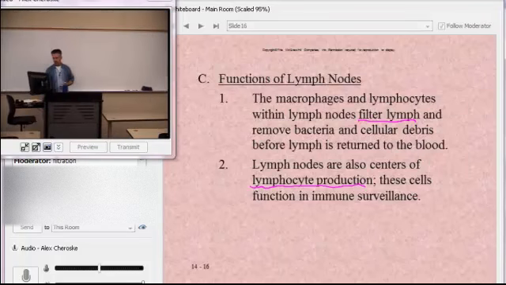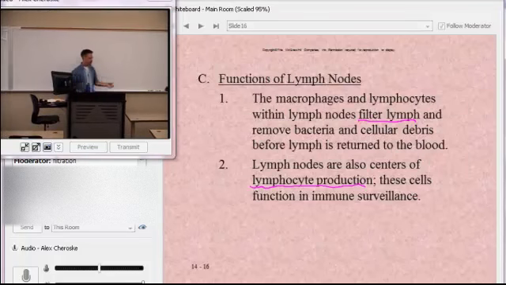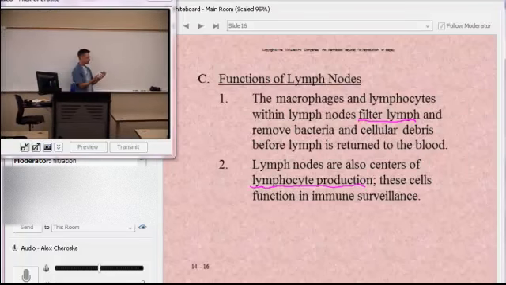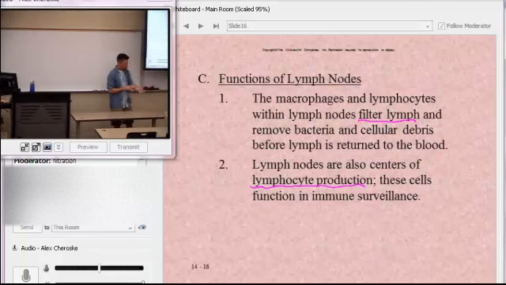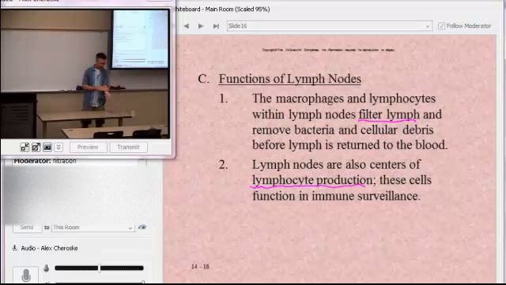All right, so all the time, this excess fluid is being collected from tissues. If you have an infection, like a cut that's infected, that fluid and tissue is going to get infected, and the lymphatics are going to be picking up those bacteria, and it's going to be cleaned and taken out via lymph nodes along the way.